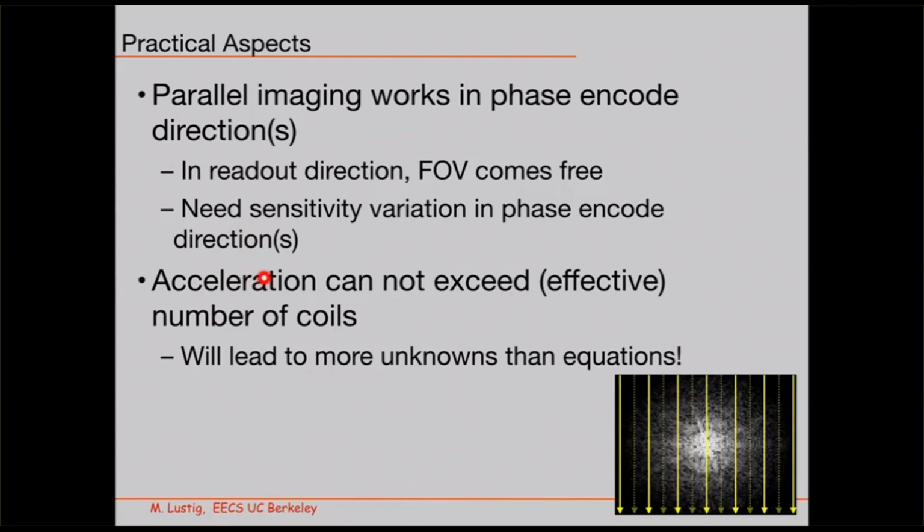Maybe there'll be just 2 principal components that you can actually represent along that dimension. And so really, you cannot accelerate more than, let's say, a factor of 2. Anytime you try to accelerate beyond what the coils allow, that will lead to more unknowns than equations, or a very ill-conditioned or underdetermined situation. Does that make sense?